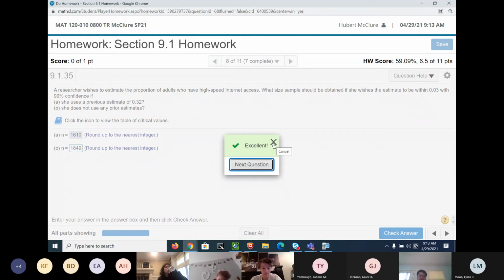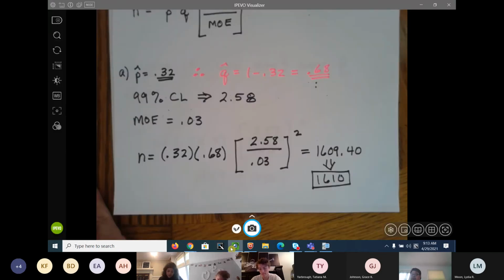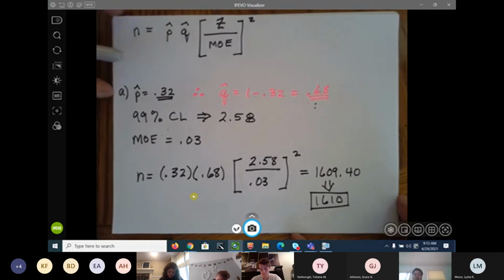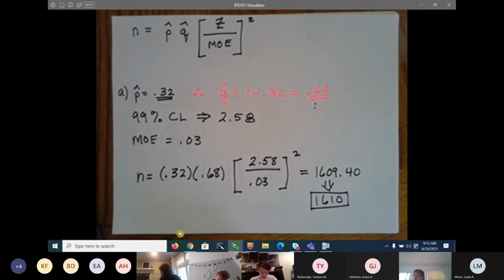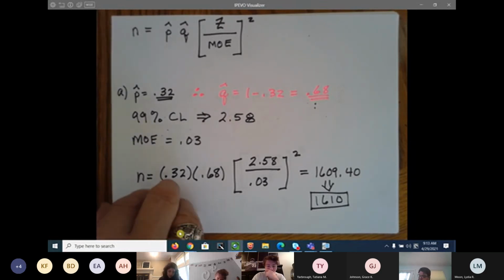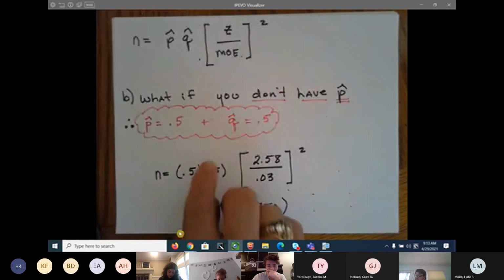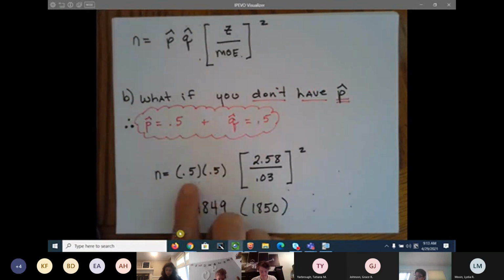So I'm going to put the first page up again and give you that page. So for the one person that watches the video, you can pause it and take a picture of it or whatever. And then the second part is we're using 0.5 and 0.5 right there.